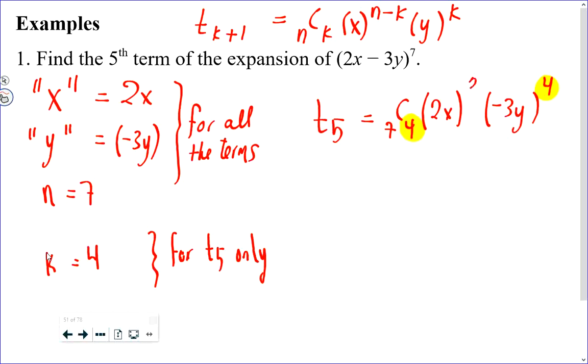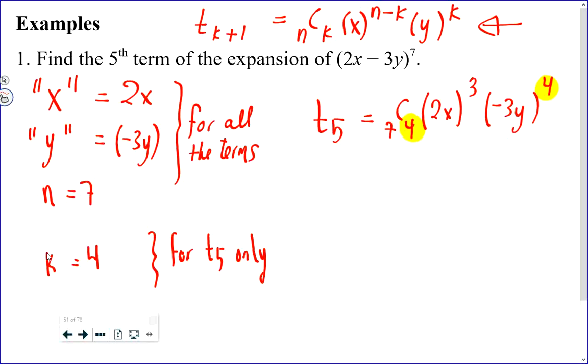And what I've done is I've used my patterns in setting this up, but to be honest, I haven't really used this formula piece by piece. I haven't actually said n minus k. I could have written 7 minus 4 up there, but I just said it must be 3. So I want to point something out to you now.